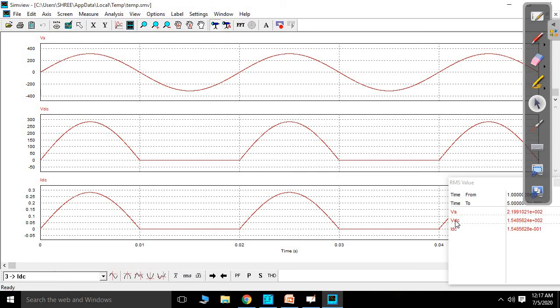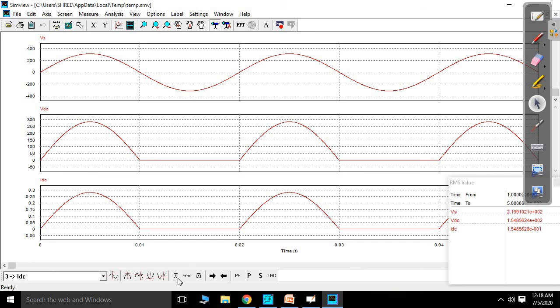So I will get the RMS value across the load, that is 1.54 into 10 to the power 2, that is 154 volts approximately, and the current is 1.54 into 10 to the power minus 7. In the supply voltage it is 219, that is approximately 220 volts RMS.